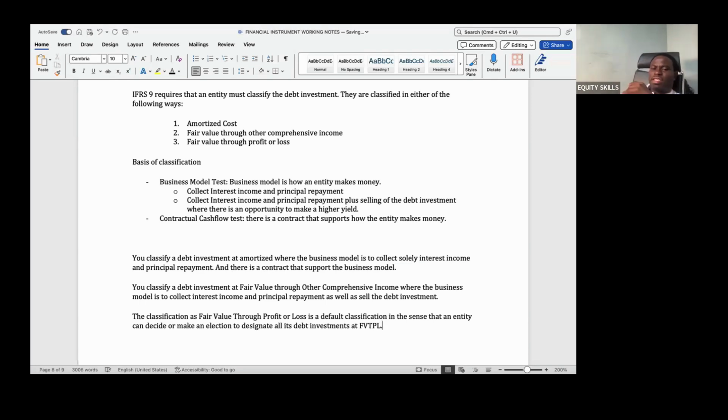So this third one, there is no basis whether you are collecting interest or whether you're selling. It does not affect fair value through profit or loss.